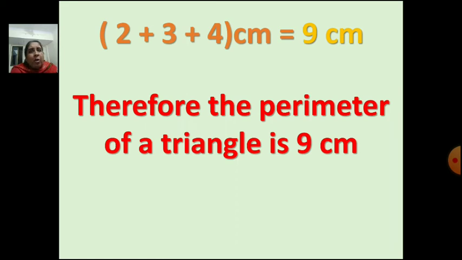You will add the length, that is 2 plus 3 plus 4. So 2 plus 3 is how much? 5. And 5 plus 4 is how much? 9 centimeter. Therefore the perimeter of a triangle is 9 centimeter. So what is the answer? The perimeter of a triangle is 9 centimeter. So this is your answer.